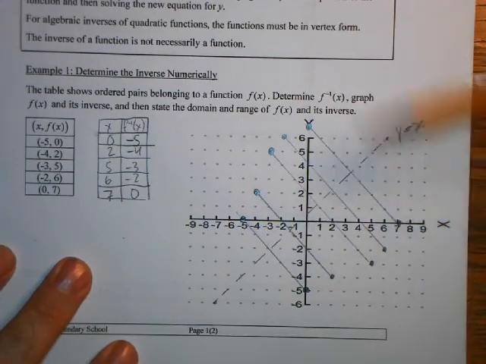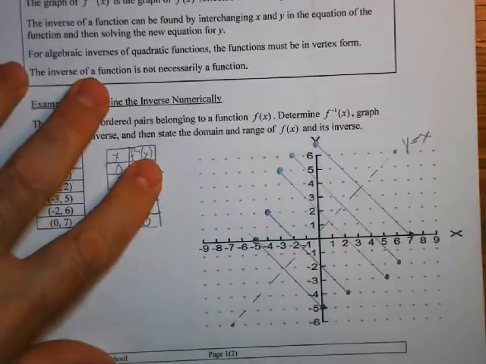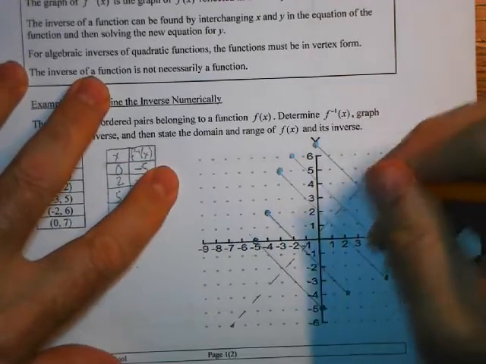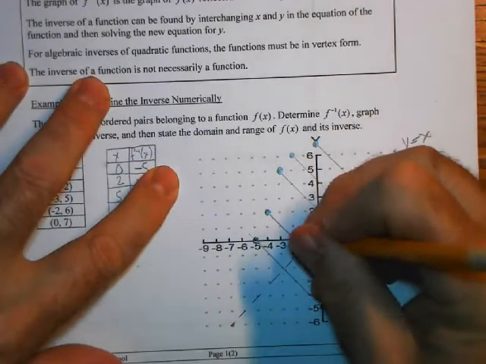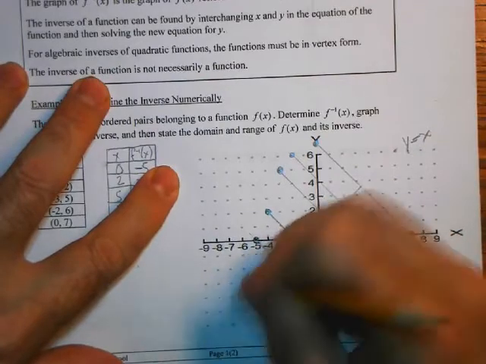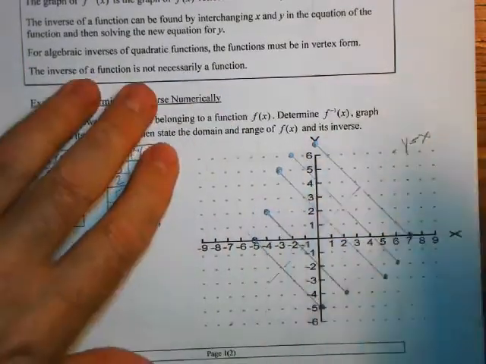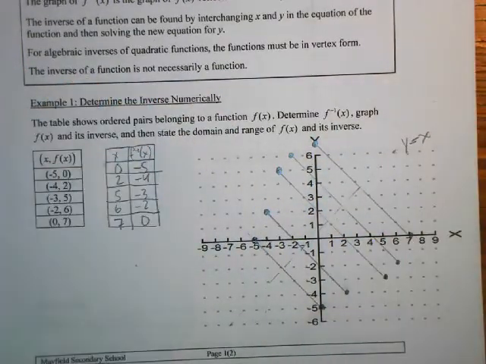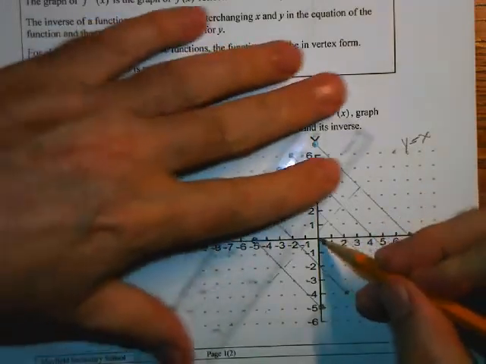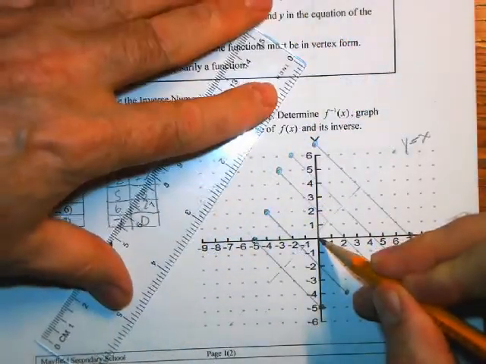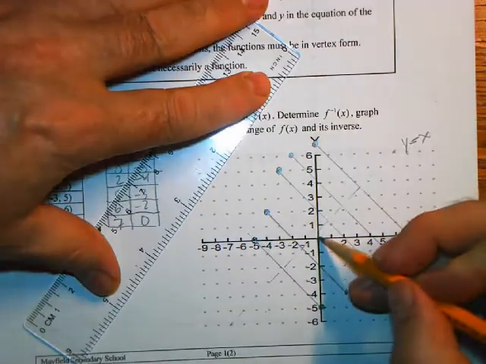Actually, that line isn't very good. It should be going through the origin. So let me try that again. Yeah, I think it's because these aren't to scale.